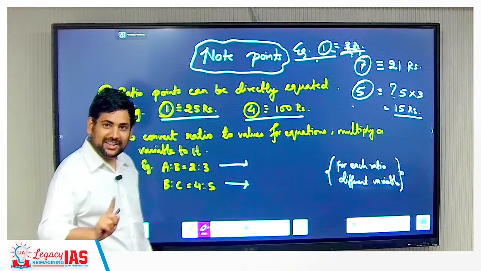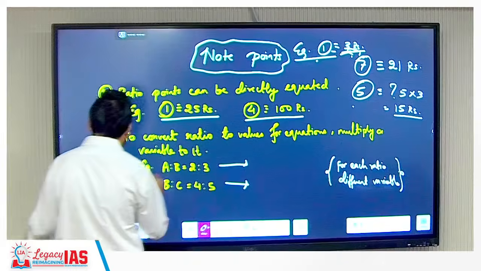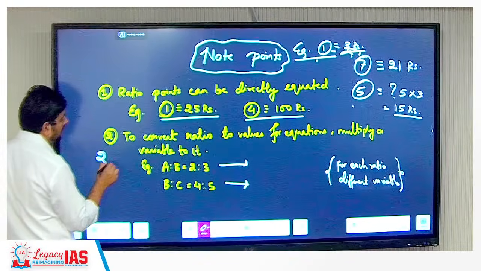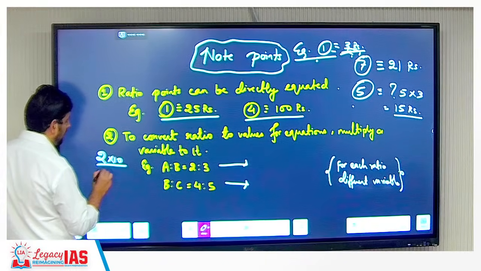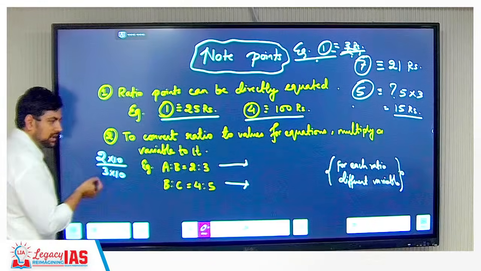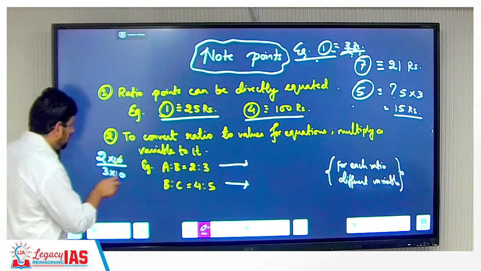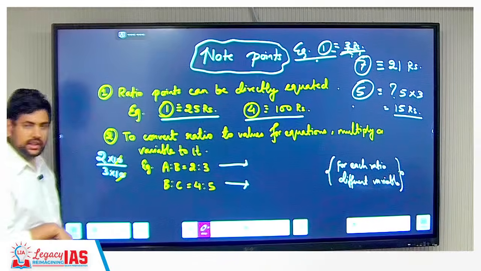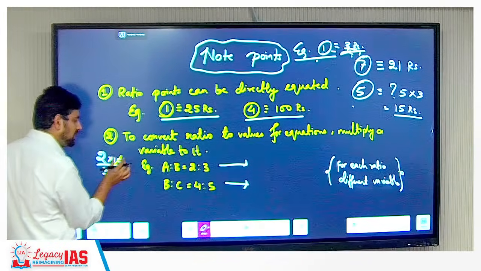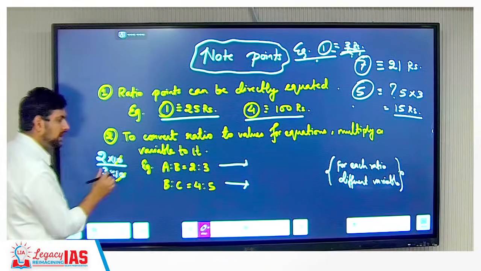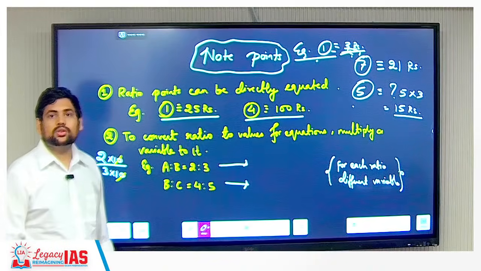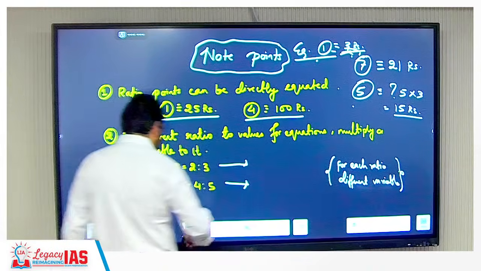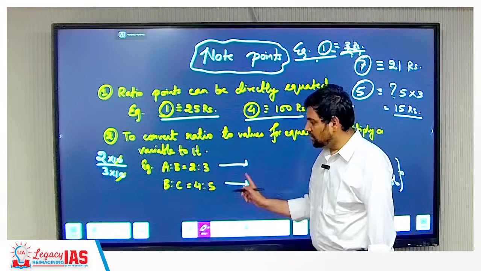Otherwise, this is just a ratio, correct? If I take 2 into 10 by 3 into 10, the ratio is still 2 by 3, correct? Any random number may have been multiplied in numerator and denominator that I don't know about. That is why we always introduce a variable.